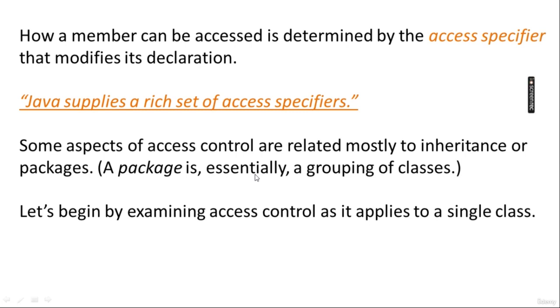Inheritance and packages are separate detailed chapters coming after this chapter, so now you don't have to worry about them. For this session, we will only be seeing access controls that apply to a single class.